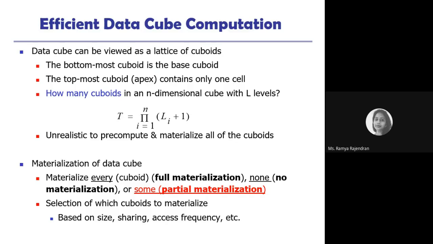There is also no materialization, where you don't pre-compute anything, you just compute based on the need. And there is partial materialization, where you compute only a few things and store them, based on the need, frequency and usage.